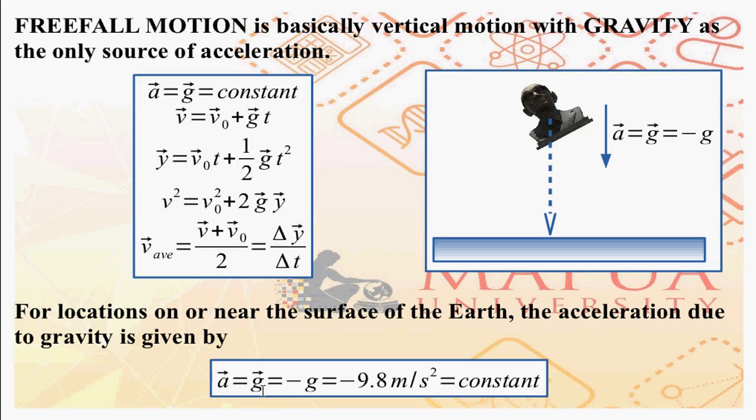Vector g is equal to negative g, where g is the magnitude of the acceleration due to gravity, 9.8 meters per second squared. So vector g is equal to negative 9.8 meters per second squared, and it is constant at this value for as long as the object is on or near the surface of the Earth.